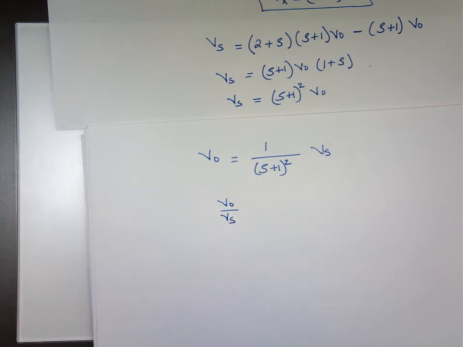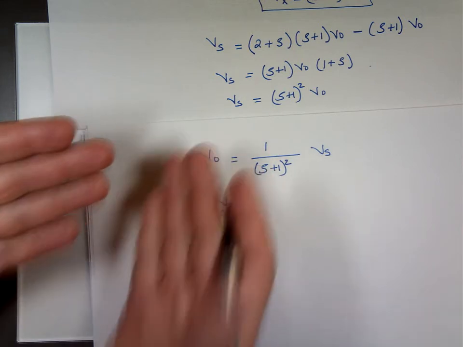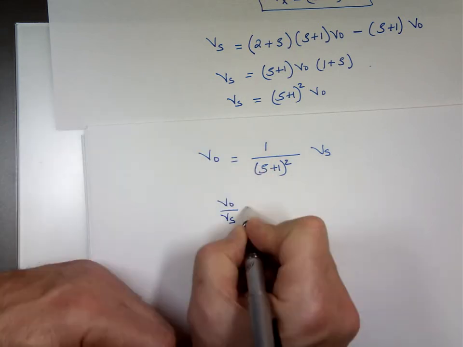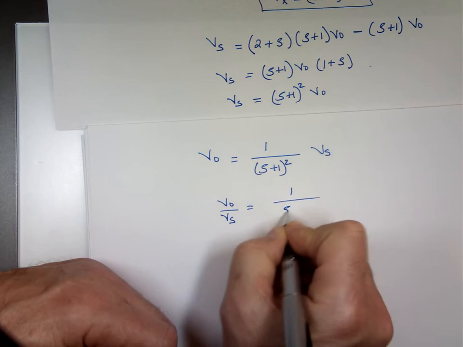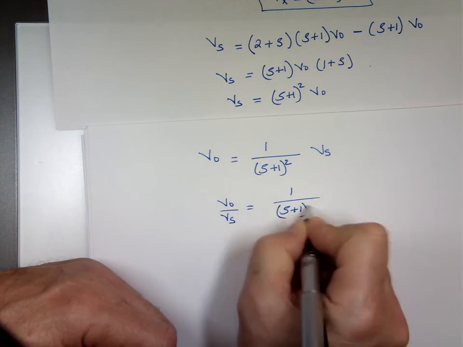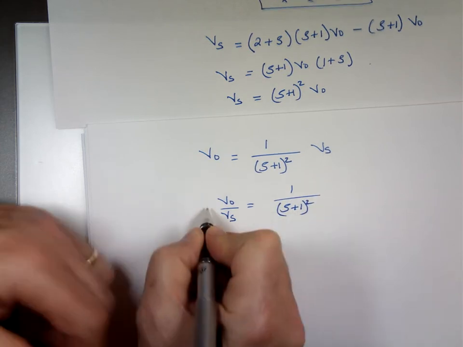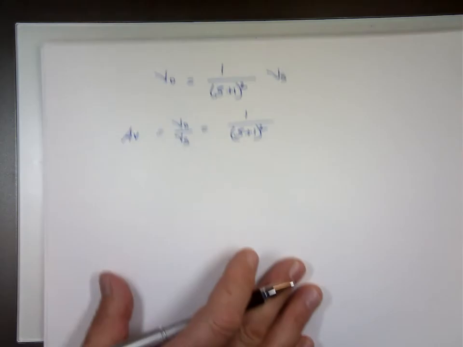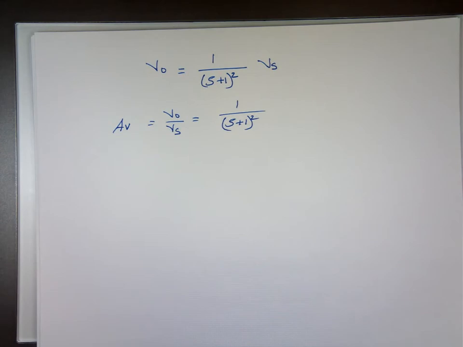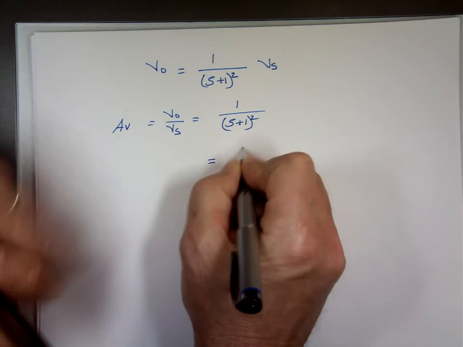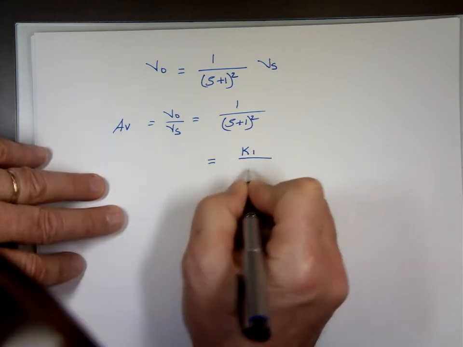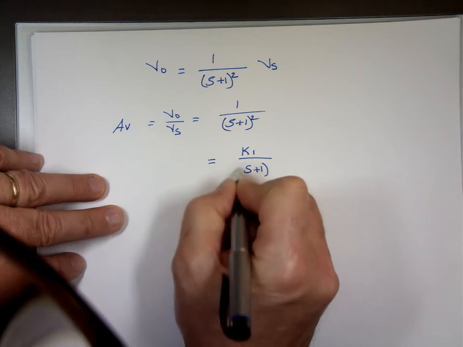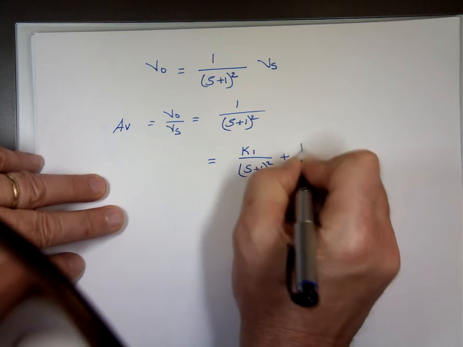That's the ratio of V out over Vs. A lot of times we call that AV, the voltage gain in circuits. You have repeated roots. So it's what? K1 over S plus 1 squared plus K2 over S plus 1.